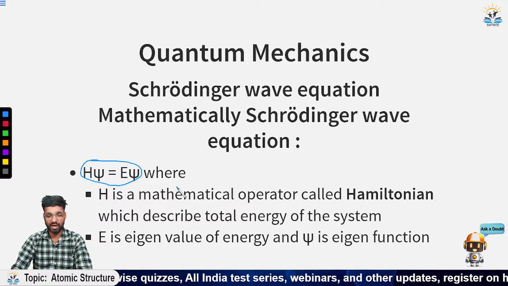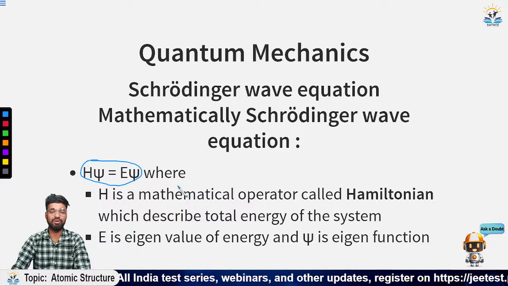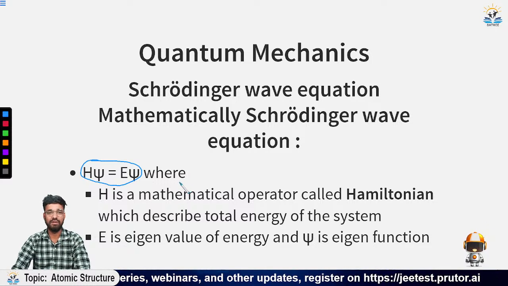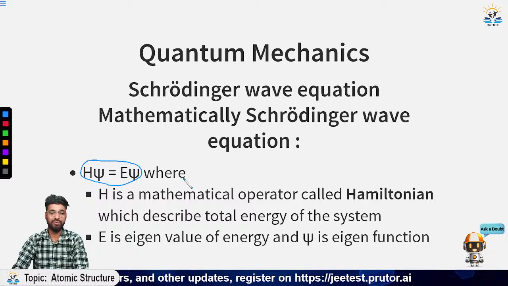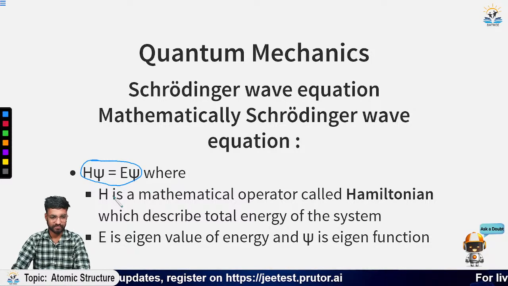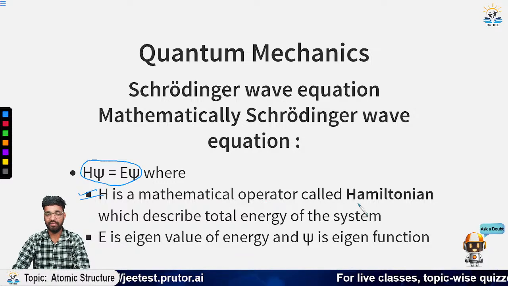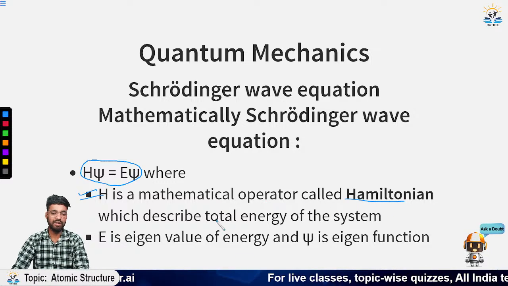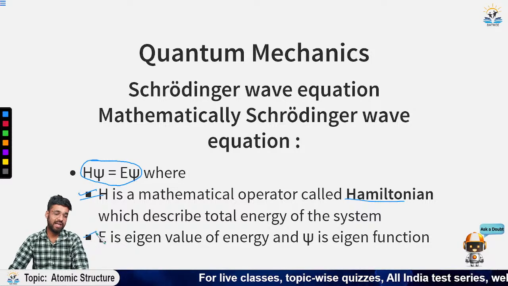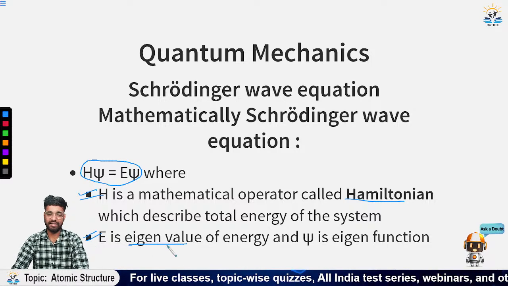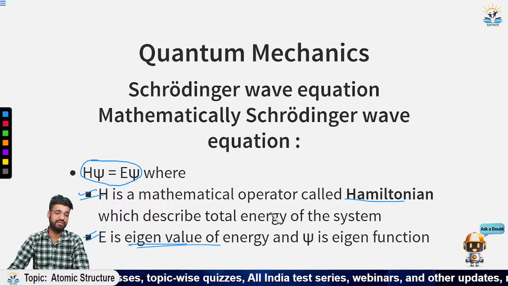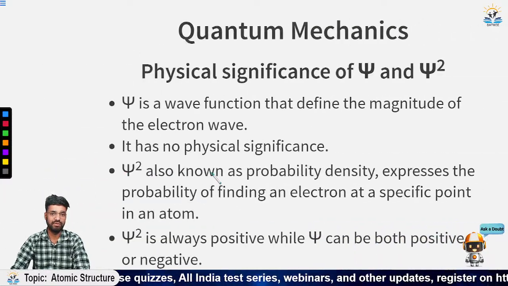The quantum numbers we have today, the principal quantum number, the azimuthal quantum number and the spin quantum number, came through this wave function. The same thing is written here: H is a mathematical operator called the Hamiltonian that operates to give the total energy, and E is the eigenvalue. Do not get into it, it is just for information.